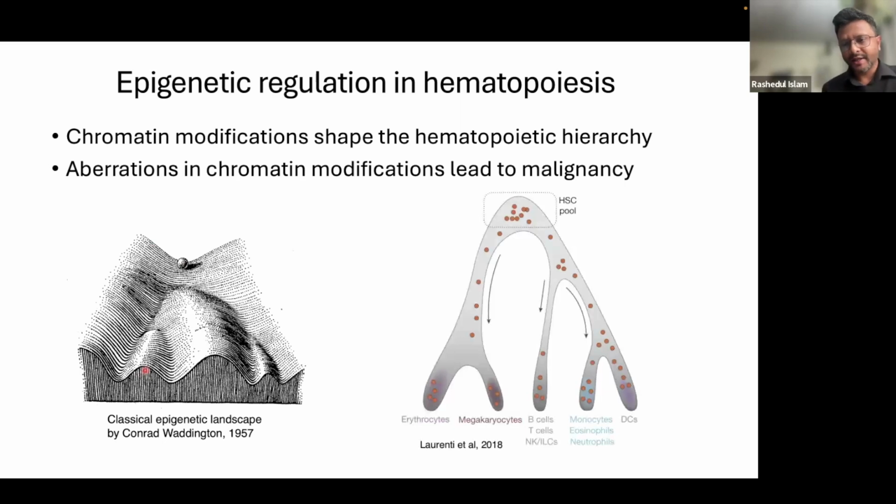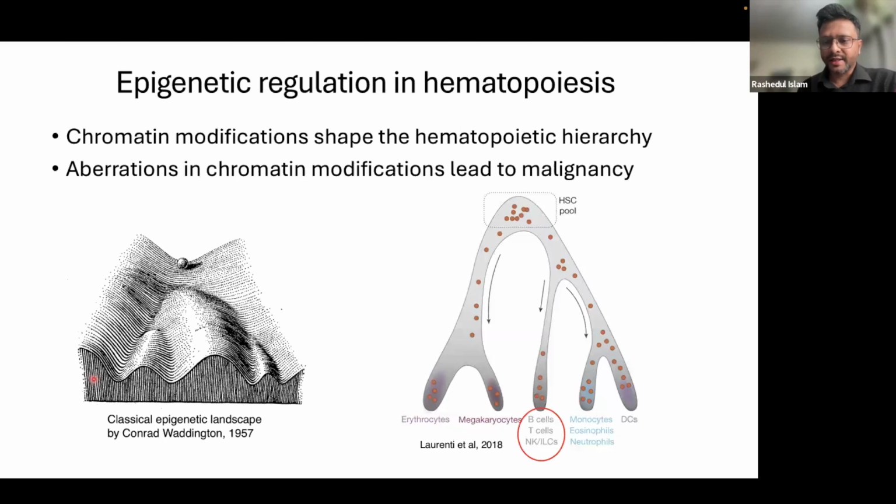In my PhD, I studied hematopoietic development as well as its malignancies. Hematopoietic stem cells can choose different paths to develop into specific hematopoietic cells, and this development perfectly reflects the classical epigenetic landscape.